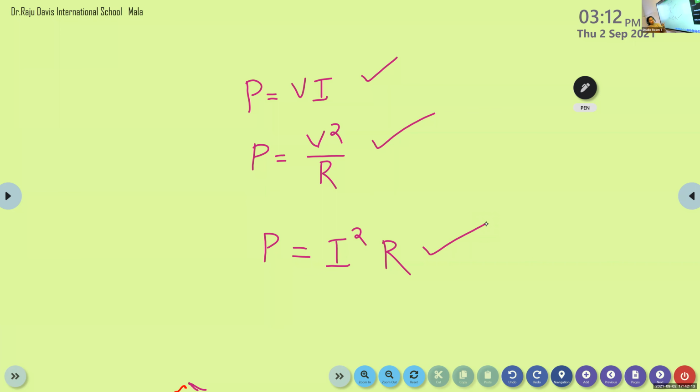Can you differentiate each term present in this equation, children? What does V stand for? Voltage.